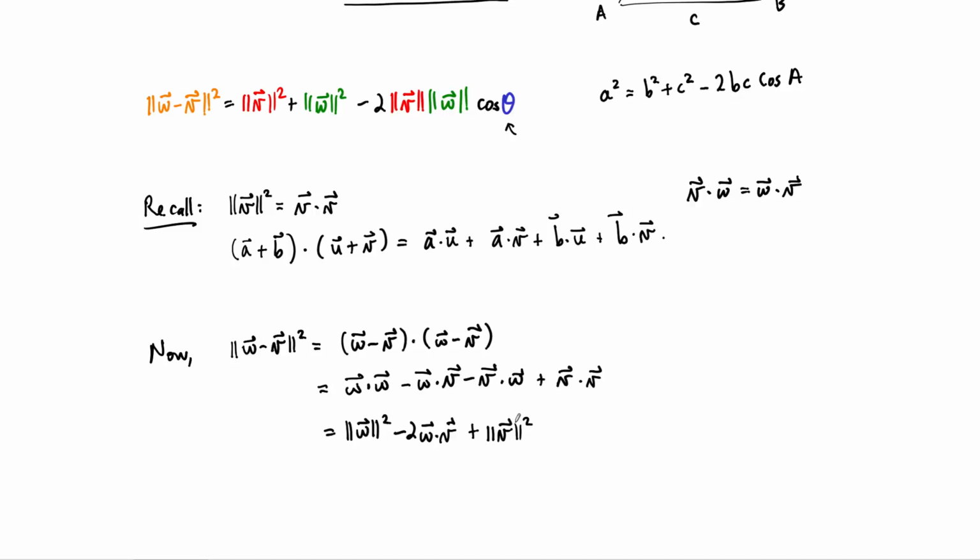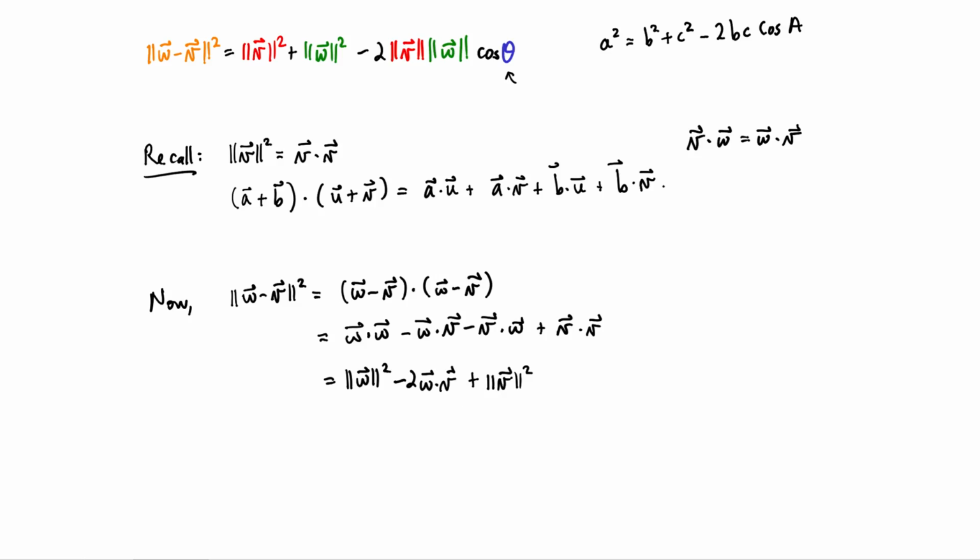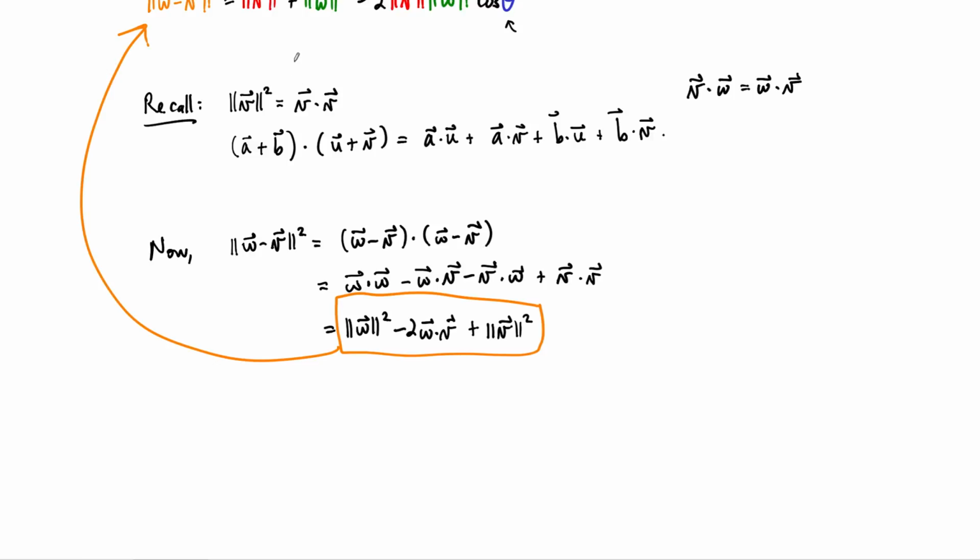All right, so let's now put this into our formula. When I say put it in, I'm going to rewrite the whole thing, and I'm going to stop color coding it. But we're going to plug this into this side, leave this side as it is, and then see what happens. So our equation becomes the following.